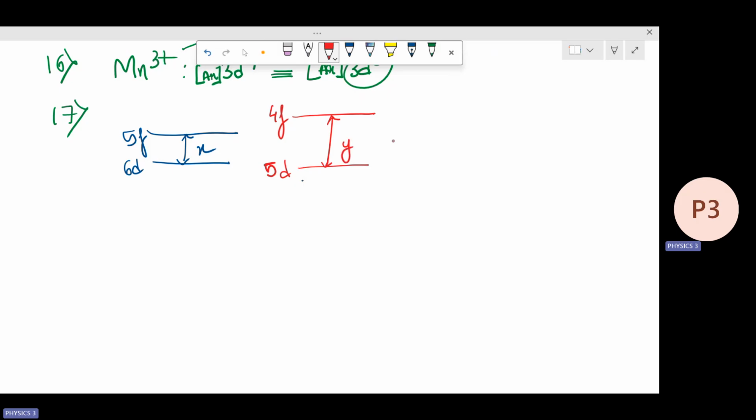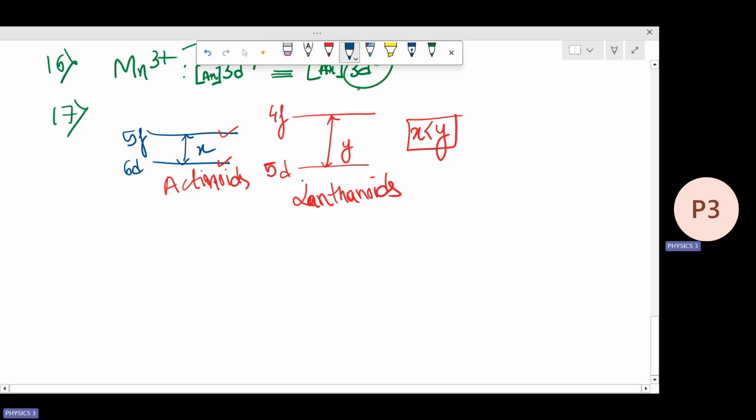We will always find that x is less than y. Due to this reason, we always see a large number of oxidation states exhibited by actinoids rather than lanthanoids, because from actinoids we can easily take out electrons from both shells, but for lanthanoids it is a little bit difficult. That's the reason.